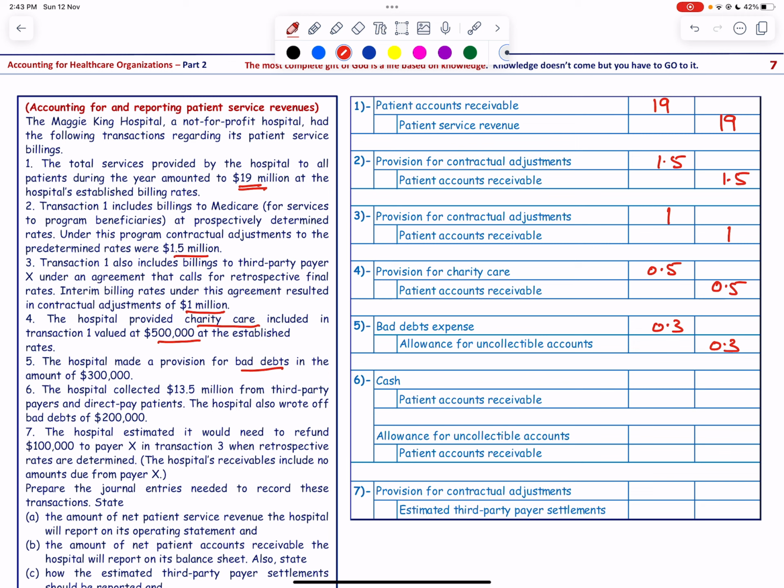Then the hospital collected 13.5 million from third party payers and direct pay patients. So cash is debit by 13.5 million and patient account receivable is credited by 13.5 million. Then the hospital also wrote off bad debts of 200,000. So allowances are debit by 200,000 and patient account receivable is credited by 200,000.